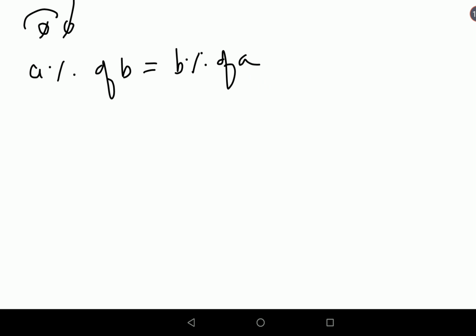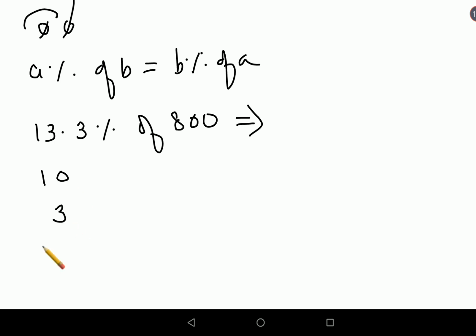Another thing was, if you had, for example, 13.3% of 800, in that case what you had to do was just split this 13.3 as 10, 3 and 0.3. So 10% of 800 would be just 80.